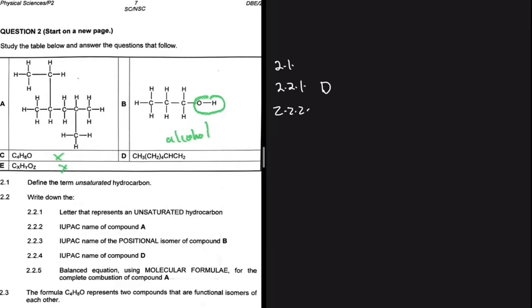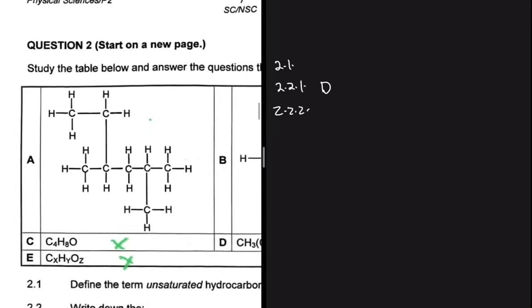Right, so let's pay all our attention to compound A and do some analysis. So it seems like this is not the longest chain, right? 1, 2, 3, 4, 5. That is not the longest chain, because when we name it, we have to look for the longest chain first. Let's try this chain right here. It looks really long. Let's try this chain and see what we have. There we go.